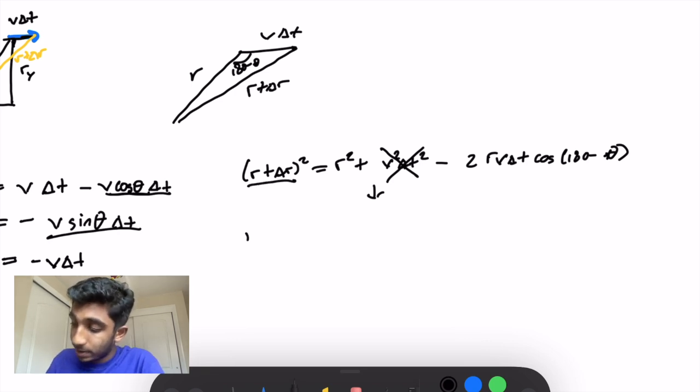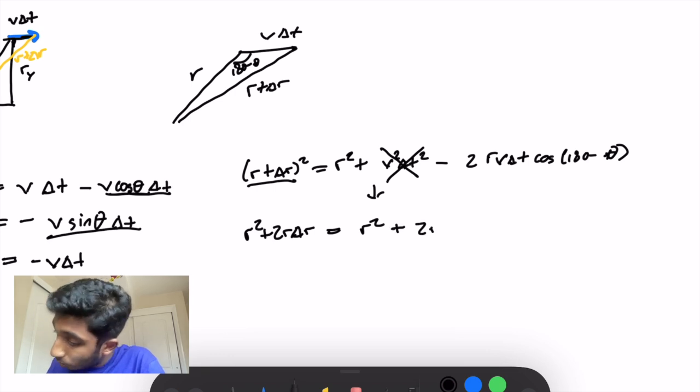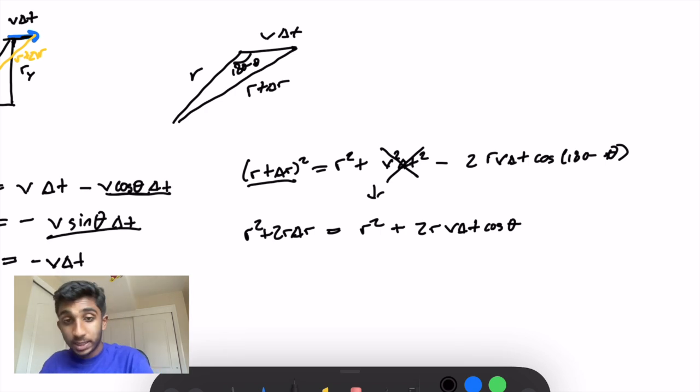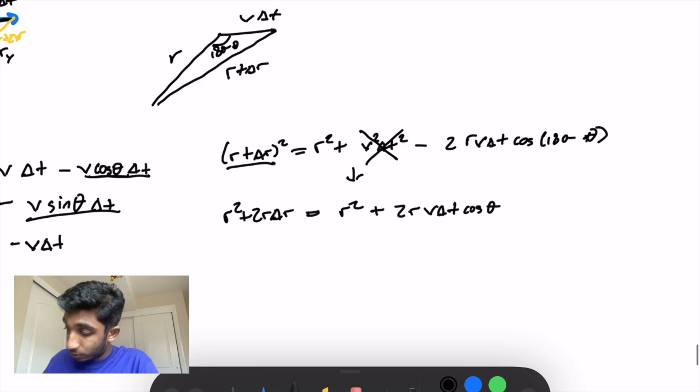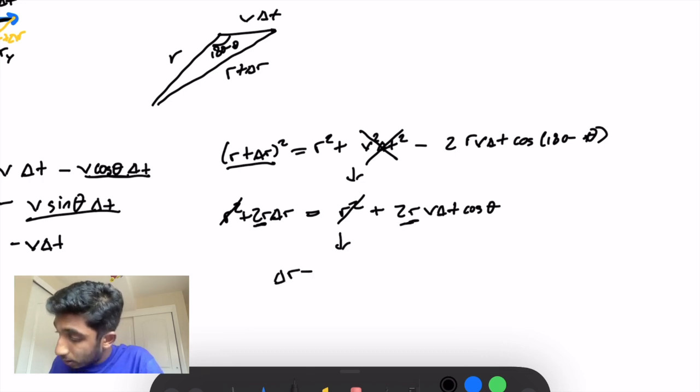So it just ends up becoming r squared plus 2r delta r is equal to r squared plus 2r v delta t cosine theta, because cosine of 180 minus theta is negative cosine theta. Now we can cancel out r squared. We can divide by the r's on both sides, and we end up with this: delta r is equal to v delta t cosine theta.